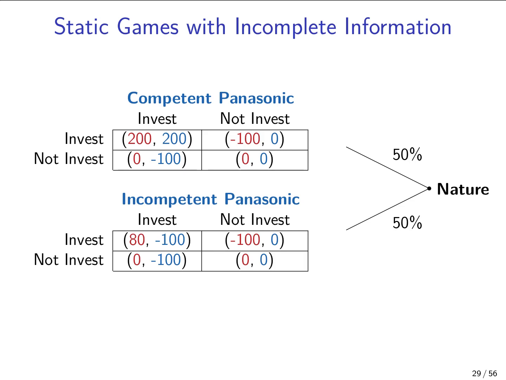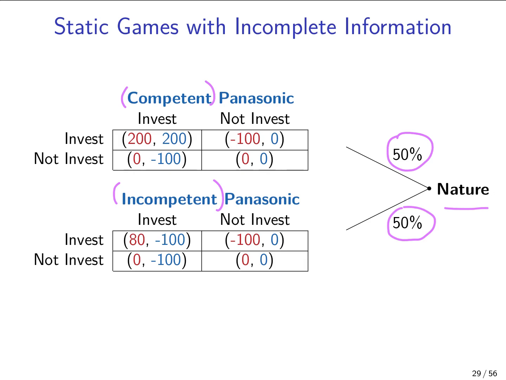Okay. One way to deal with it is to think about it as if there's another player, nature. Except that nature is not strategic, and moreover, nature moves first. And then it picks whether Panasonic is competent or incompetent. Right? So with 50% chance, Panasonic is going to be competent. With another 50% chance, Panasonic is going to be incompetent.